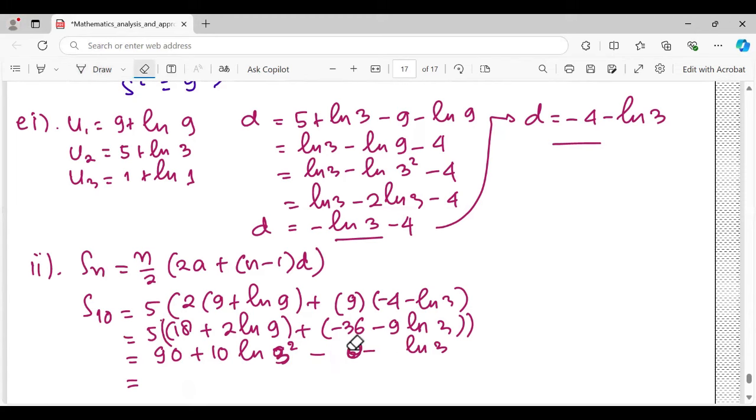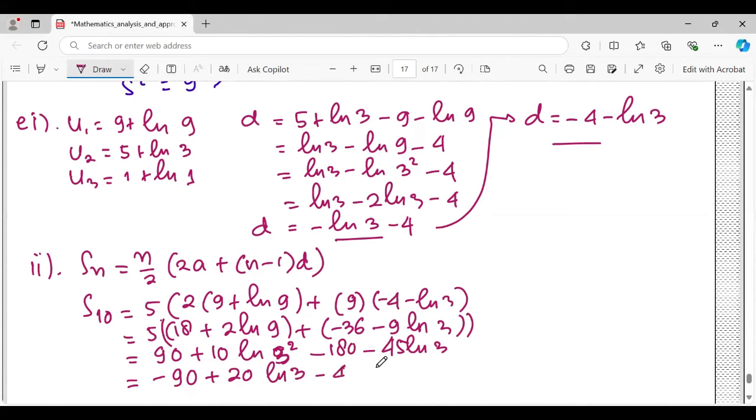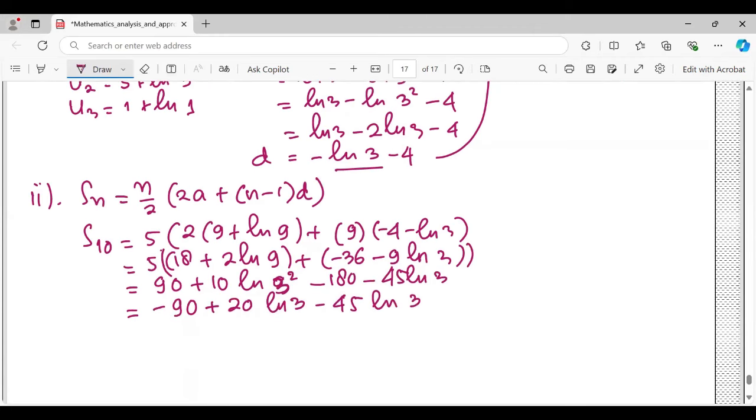Okay, I have to fix it first. 45. And 90 minus 180 is minus 90. And it becomes 20 ln 3 minus 45 ln 3. And it's going to be minus 90 minus 25 ln 3. This is the solution. Okay, students.